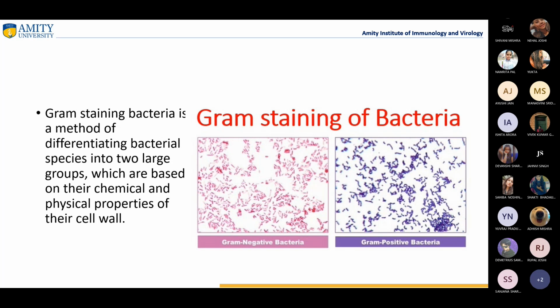Gram staining is a method of differentiating bacterial species into two large groups based on the chemical and physical properties of their cell wall. So you know the composition of the cell wall differs, and then they are characterized as Gram positive or Gram negative.